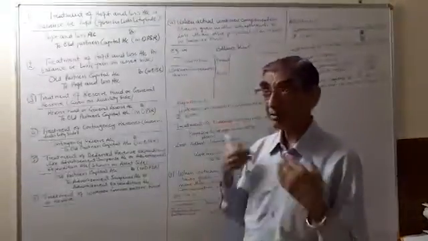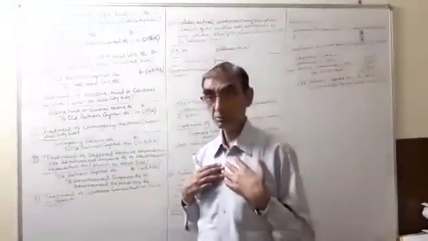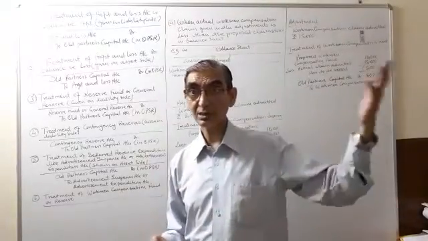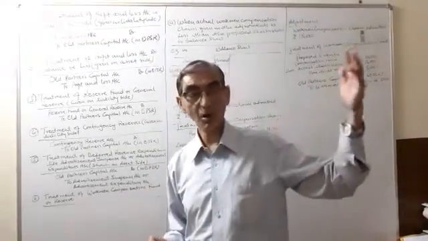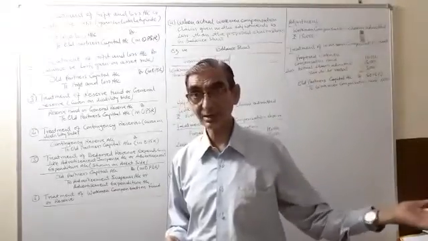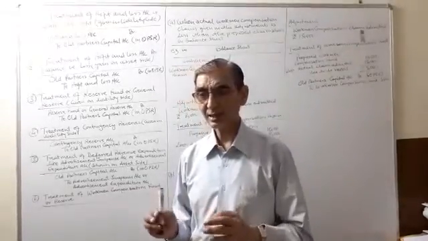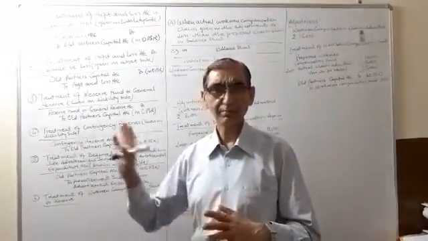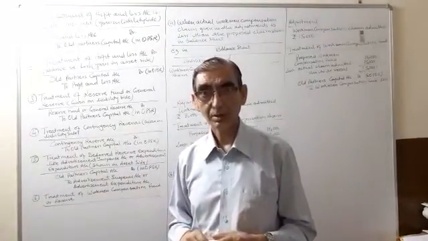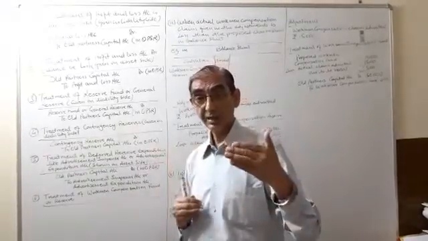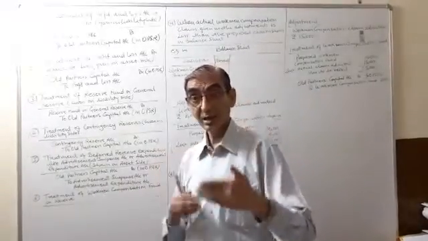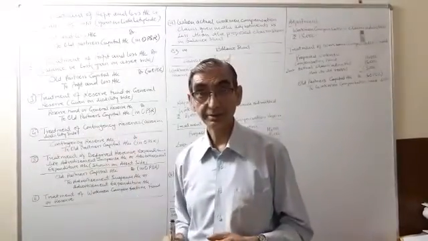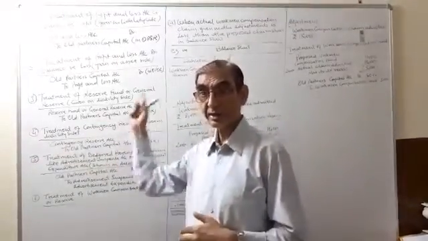And whatever we have decided, we also make a provision for it. On the basis of the past experiences, we have decided that around some amount will be paid as compensation to the workers. Now it is to be compared with the actual claim that the labor tribunal has decided, and then the treatment is done.